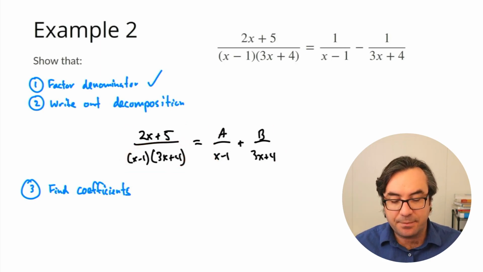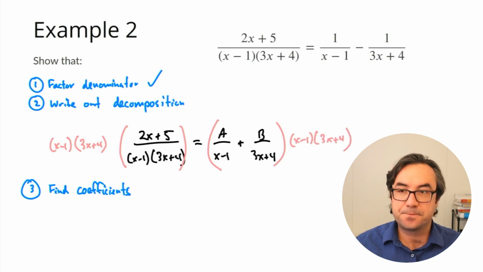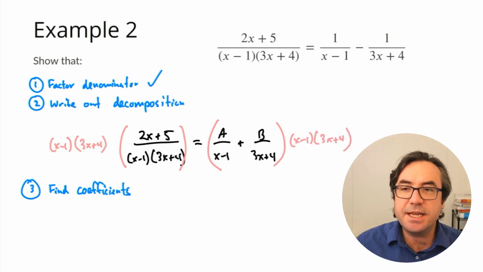So we multiply the left-hand side by our denominator and multiply the entire right-hand side by our denominator. And this is going to give us an easier equation that we can use to solve for A and B.